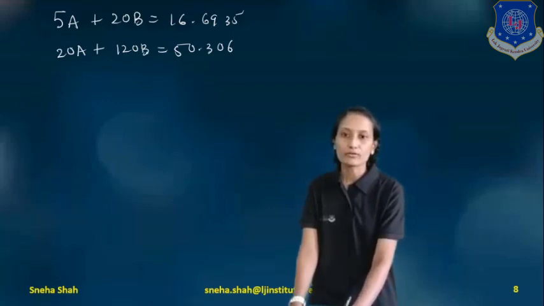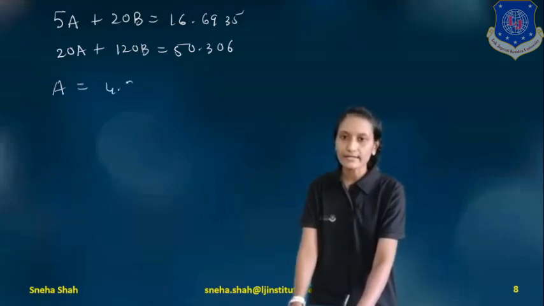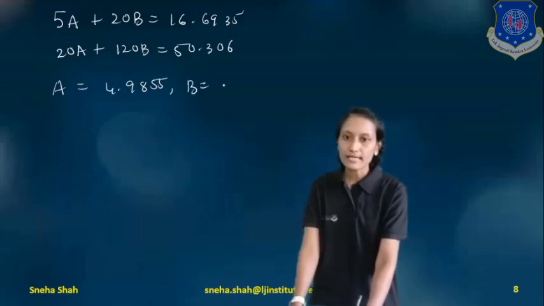From that we can find the value of B, and after putting the value of B in either equation we can find the value of capital A. So the final answer of capital A equals 4.9855 and the value of B equals minus 0.4117. Now from this capital A and capital B we will find the values of small a and small b.